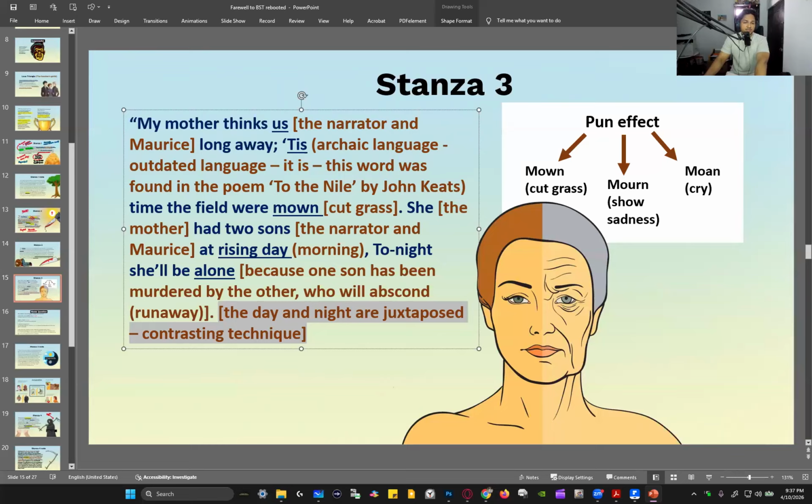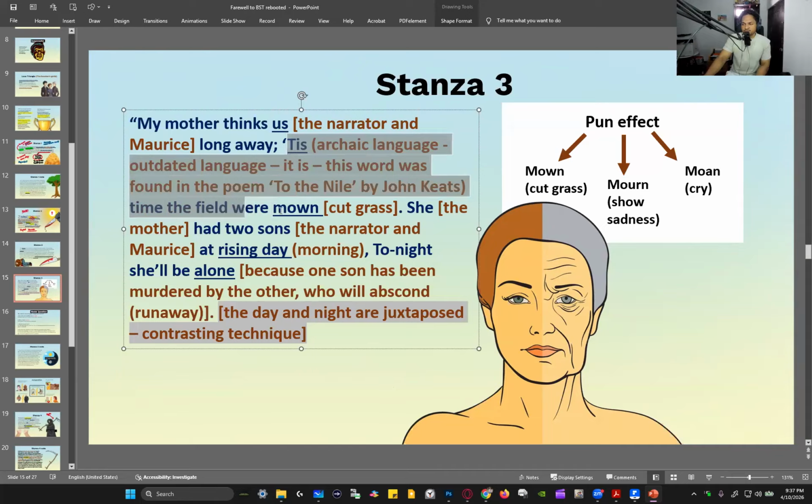Who is the narrator talking about? A hoe? No, he is talking about his mother. My mother thinks us long away. Who is us? Us is the narrator and Maurice, right, Sadinsa? My mother thinks us long away.